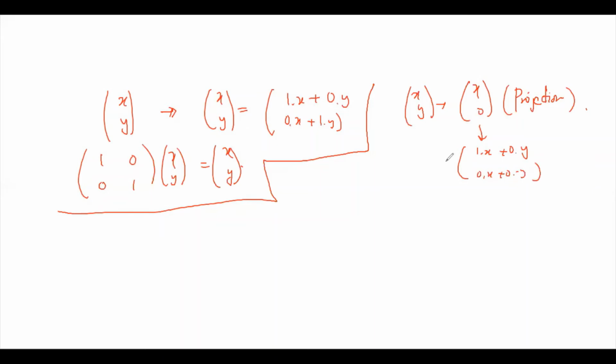So the matrix is obviously 1 0, and the next row 0 0, and it operates on xy and produces x0. Okay, so this is the definition of the matrix, and we just told you the rule to get the new transformed vector.